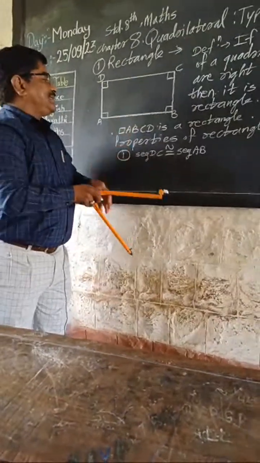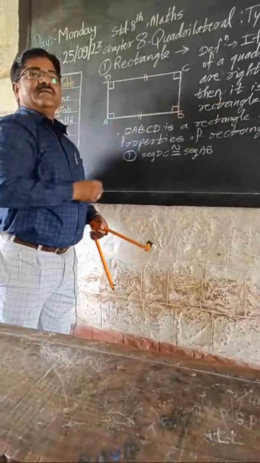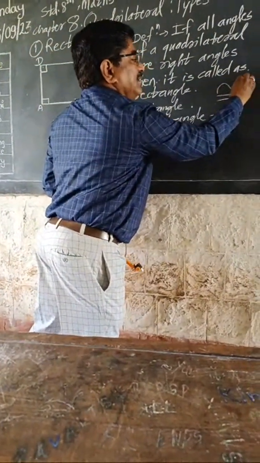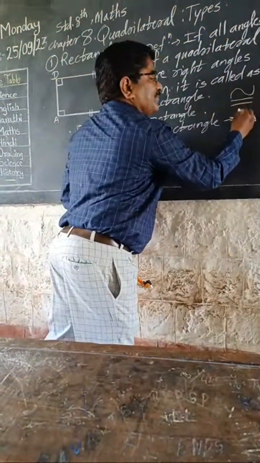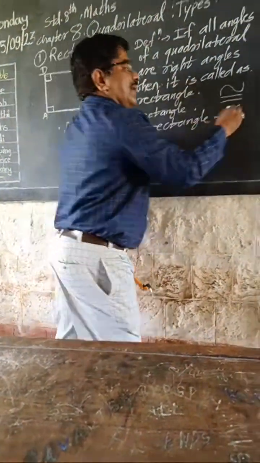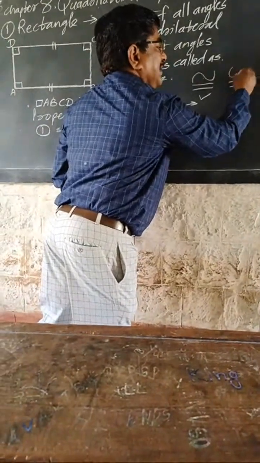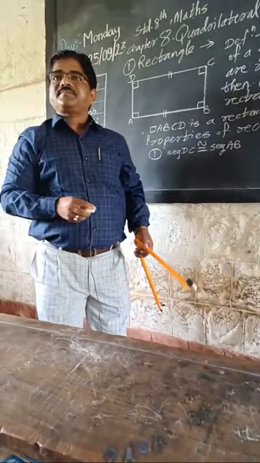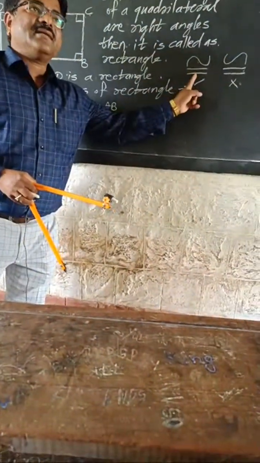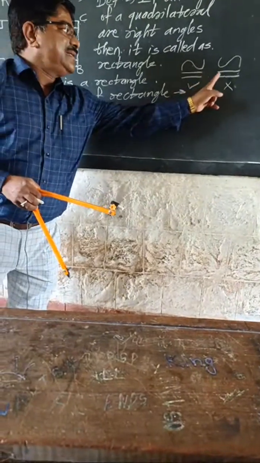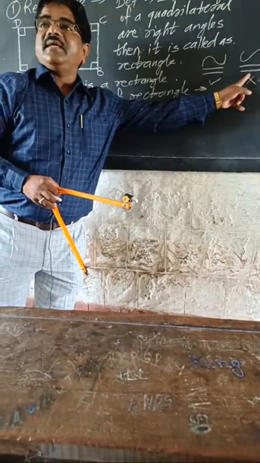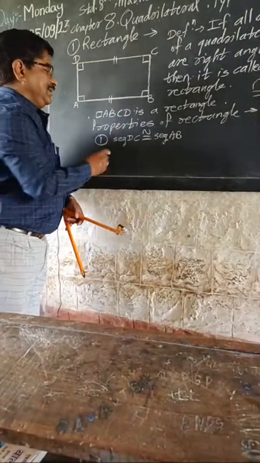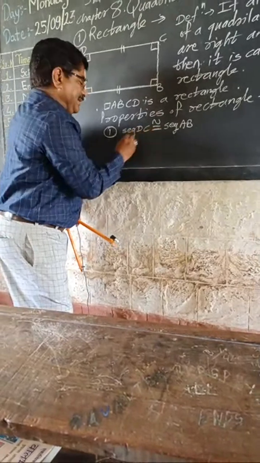These two sides are congruent. This is the correct congruent sign and this is the wrong congruent sign. Understand that? Yes. We write the congruency sign here.